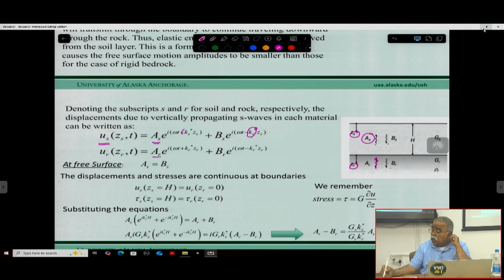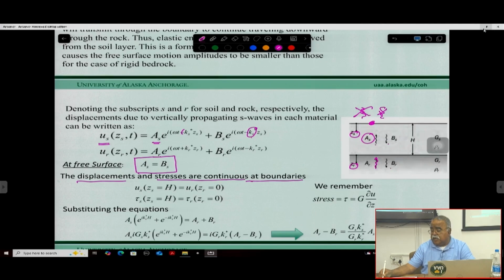So at the free surface, because nothing is going out and nothing is coming up, A_S has to be equal to B_S, because nothing can transmit to the air. Okay, so the displacement and stress are continuous at the boundary.